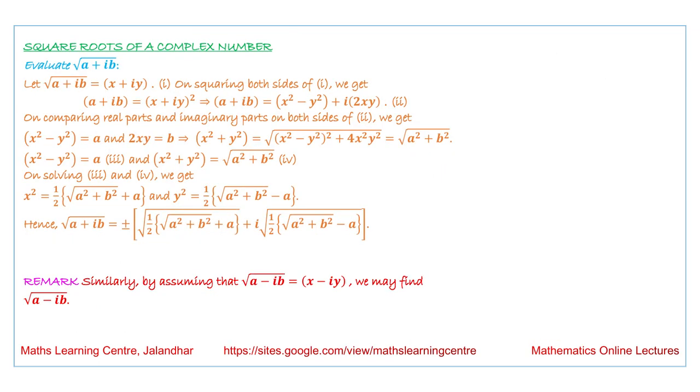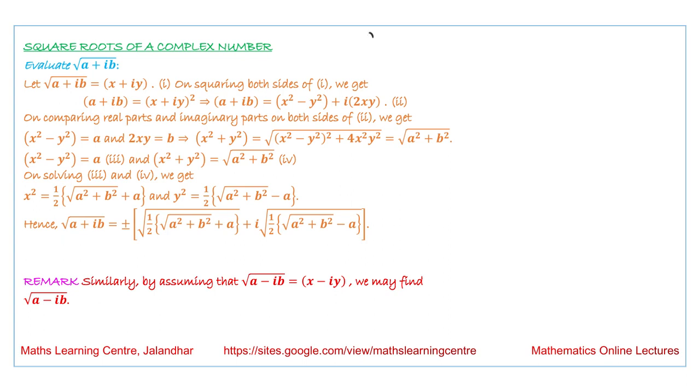Next we have the square root of a complex number. In our previous lecture we discussed the Euler form, and we saw how we can calculate the square root of a complex number using the polar form. Now, in place of using the polar form, we are trying to find a direct formula to calculate the square root of a complex number.